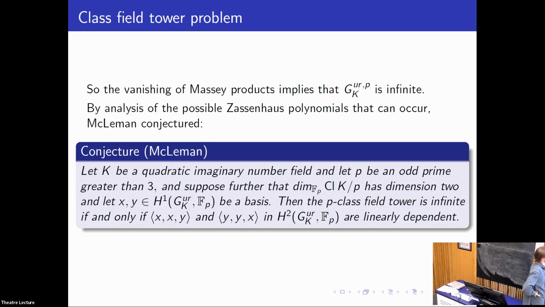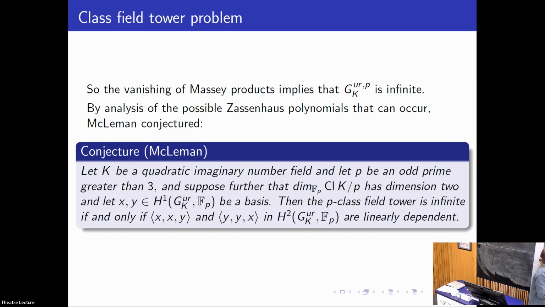So suppose that K is quadratic imaginary, let p be odd, and suppose also for simplicity that p is greater than 3. And suppose further that the class group of K mod p has dimension 2. And you then let x and y be a basis of H1 of G_S with coefficients F_p.